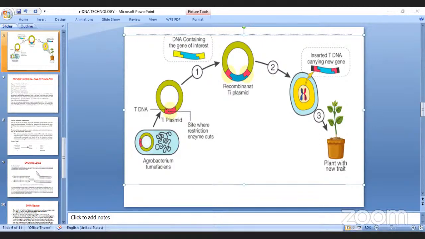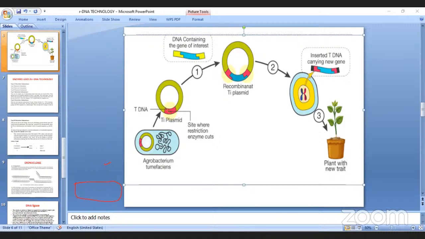Right, so let's see the diagrammatic representation. Here, for example, this is the plant nutrient from Agrobacterium, a bacterium. This is the normal genome, and this is the plasmid genome.